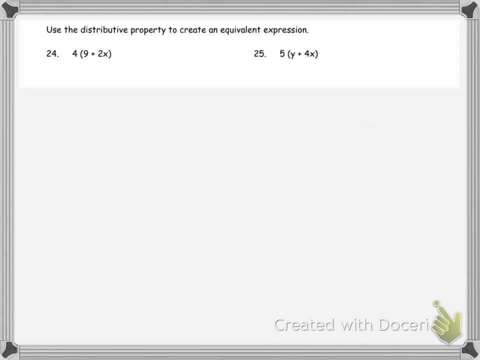Okay, next. We have to use the distributive property to create an equivalent expression. This is where we talked about it on Friday. It's like delivering the newspaper to all of the houses in the neighborhood. I would take this expression, and I like to draw arrows in there so I can really see what's going on.